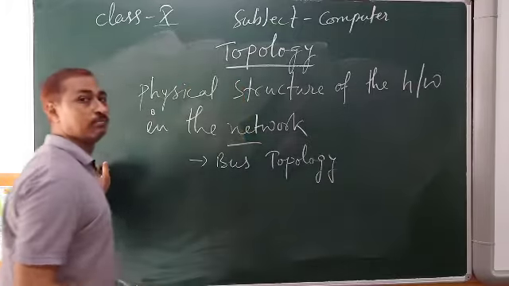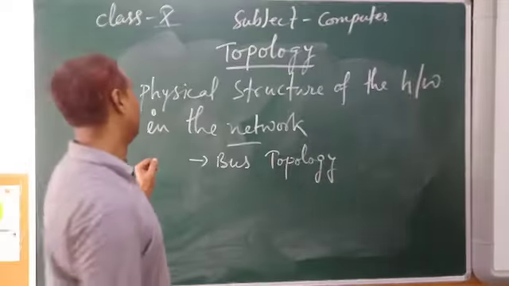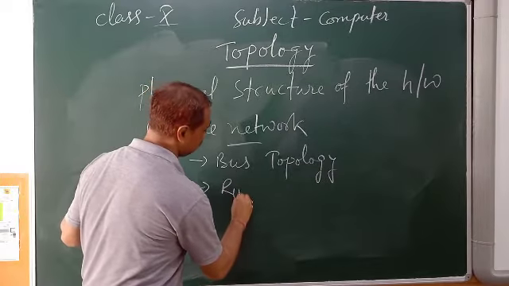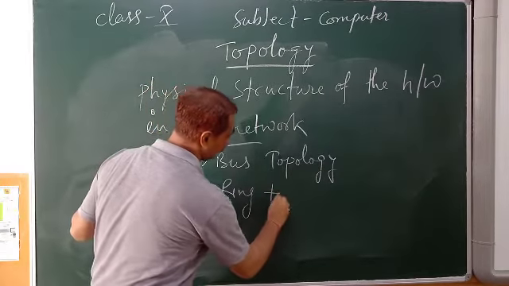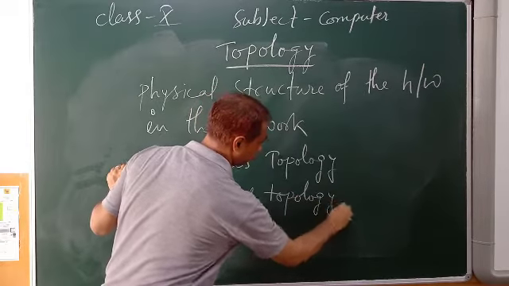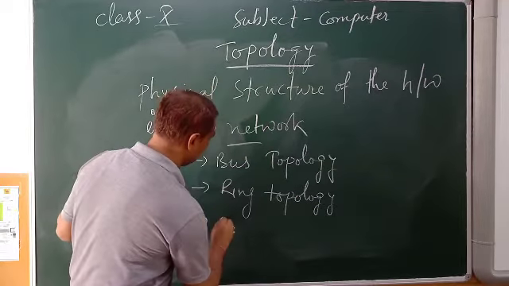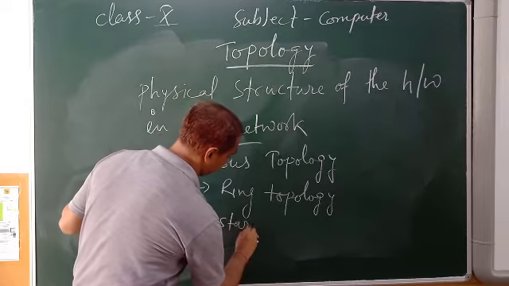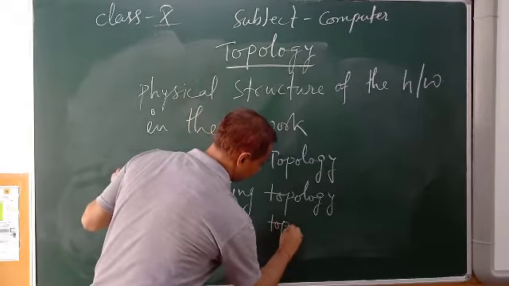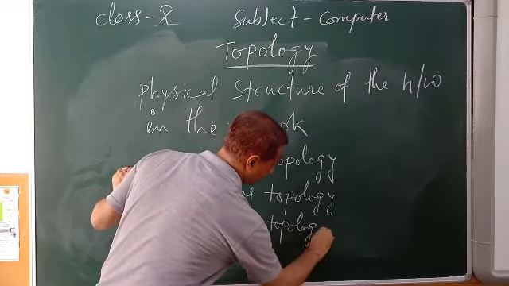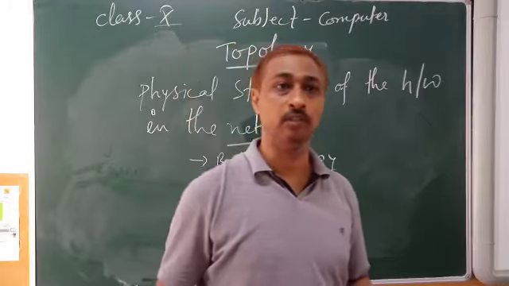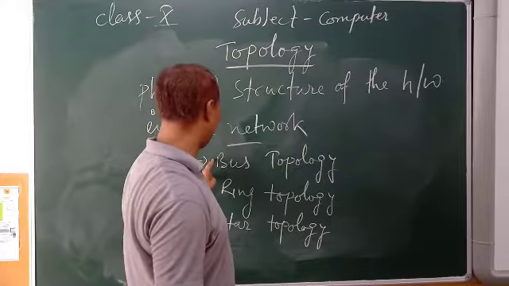The first one is bus topology, the second one is ring topology, and the third one is star topology. These are the three types of topologies.